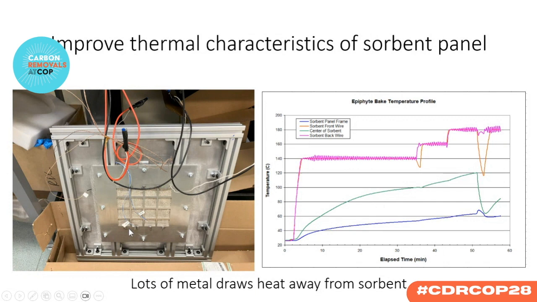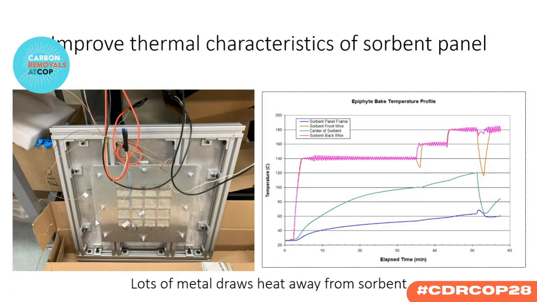If you can see the wires running through here, they touch a lot of metal. Metal is very thermally conductive, and I do believe that the majority of heat from our heating wires was being parasitically drawn away from the sorbent into the metal.